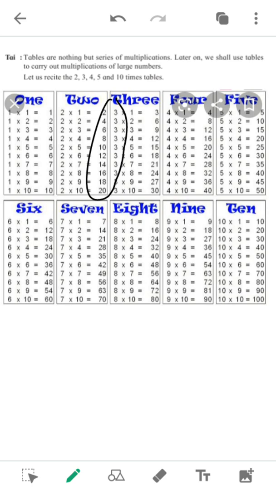Okay, like this you will recite the table from 2 to 10 and also write 2 times in your SW book.